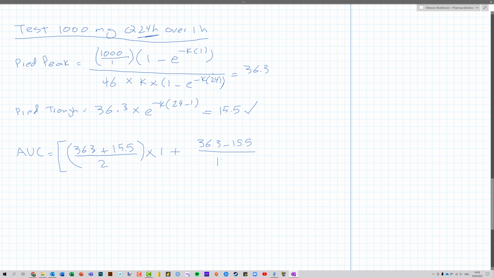And this is divided by your k. And then you multiply it by essentially 24 minus your tau. In this case, tau is 24, so you only get one peak. So that makes the math a little easier. So this will give you 588 as predicted AUC. I didn't put units here, but make sure you also include your units in your answers.